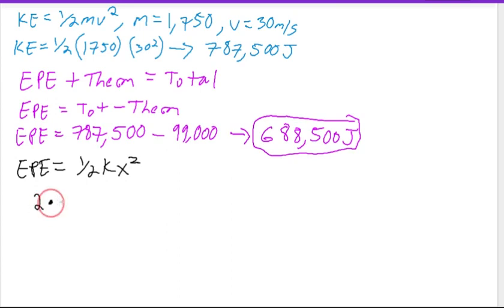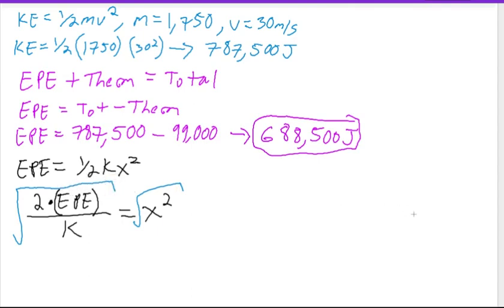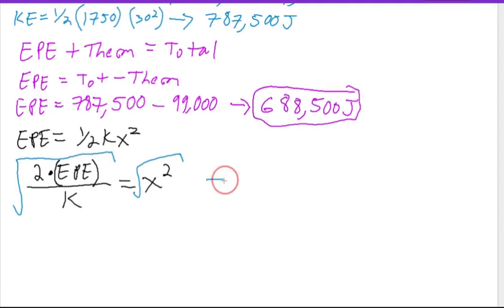So we get 2 times our elastic potential energy, EPE, I'll put that in parentheses so we know it's just one term, divided by k is equal to x squared. And then again, we're solving for x. So to do that, we need to square root both sides. So all we need to do now is plug this into our calculator and get a number. After we plug it in, we find out that the distance it compresses should be about 17.4 meters.